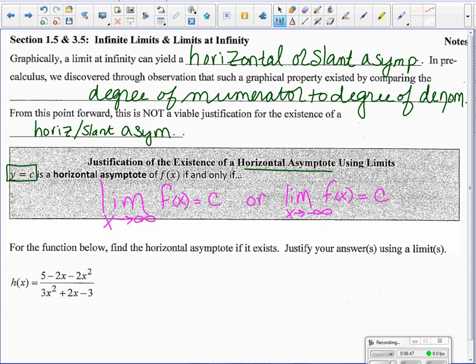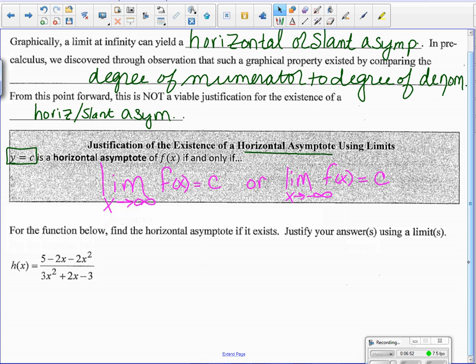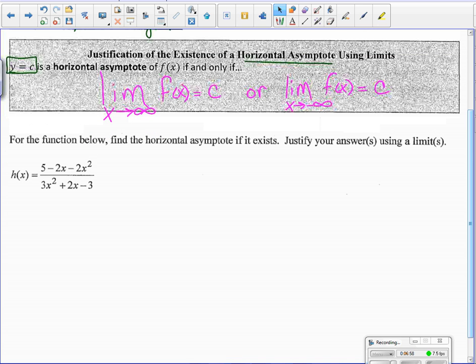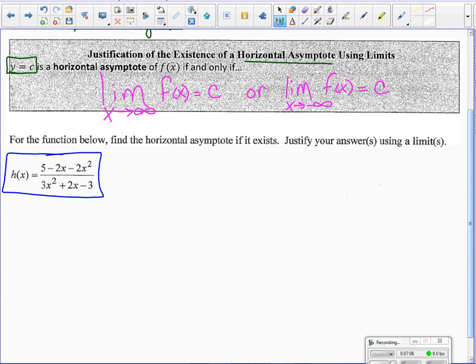For the function below, find the horizontal asymptote if it exists, and then justify your answer using this reasoning about the limit as we approach infinity or negative infinity. So we're taking just a nice rational function here.